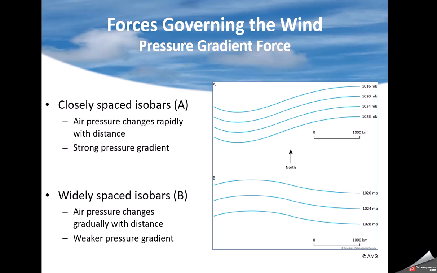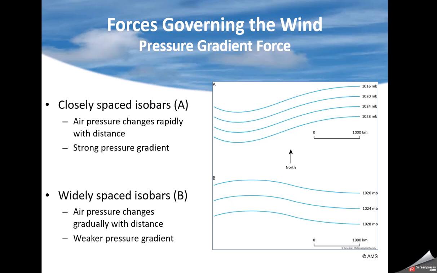And what happens? If you started a rock tumbling down the mountainside, it's going to go down into the valley and settle there. Well, the same happens with wind, with air pressure. Air pressure is exerting a force from its high mountain, high pressure, down into the lower areas. So that is the force it's exerting.